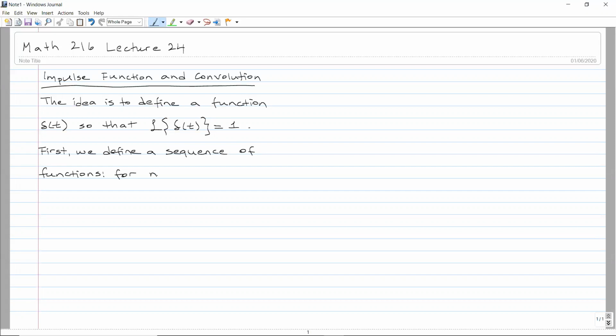For n taking the value of natural numbers 1, 2, 3, and so forth, we define the function f sub n of t to be the value n if t is between 0 and 1 over n, and 0 otherwise.